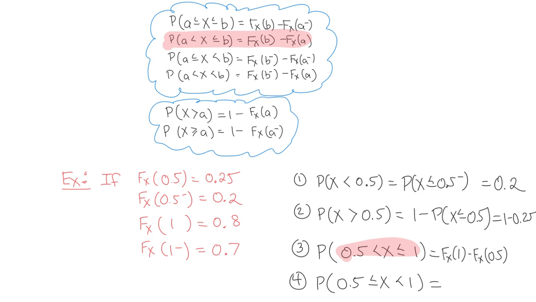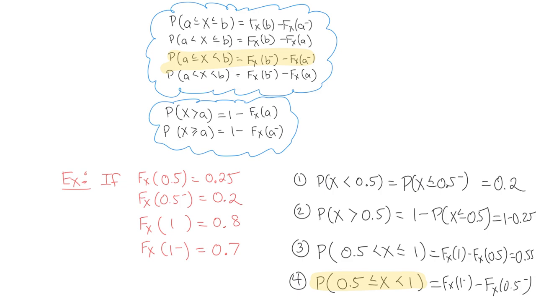This one corresponds to the probability x is less than or equal to 1, which is F(x) at 1, and then you remove everything from a half on down because that is not in the interval. So the CDF value at a half. Plugging in from what we were given here, that's 0.8 minus 0.25, or 55%.